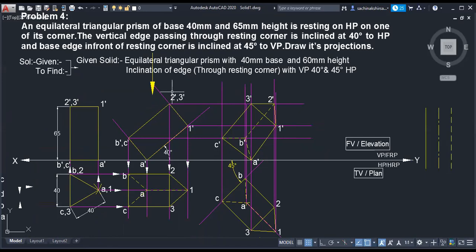So this was our final solution. Please note this down.